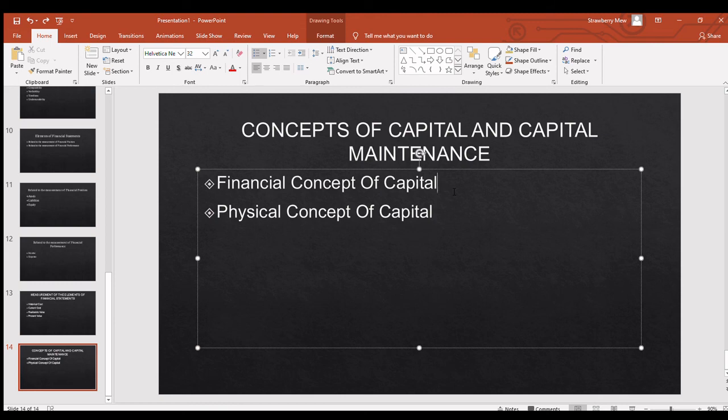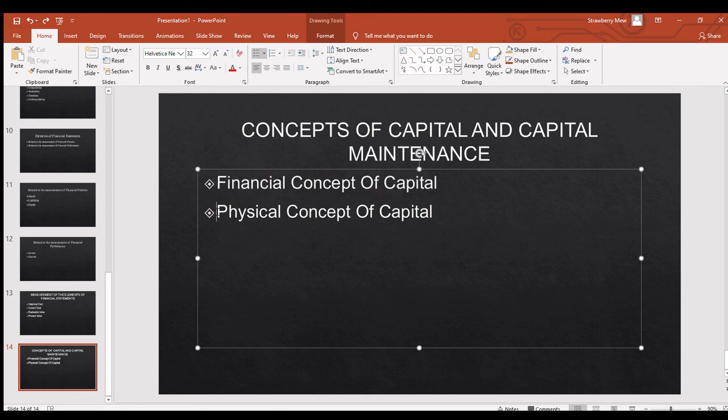So yung assets natin, i-deduct natin ang mga utang natin. So kung ang net assets natin is bigger at the end of the year compared to the beginning of the year, we will be recording profit under the financial concept of capital.